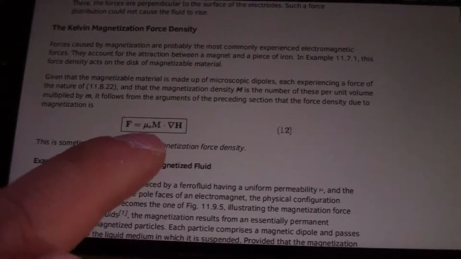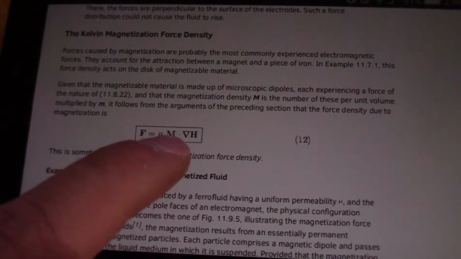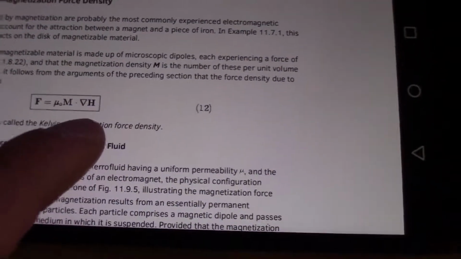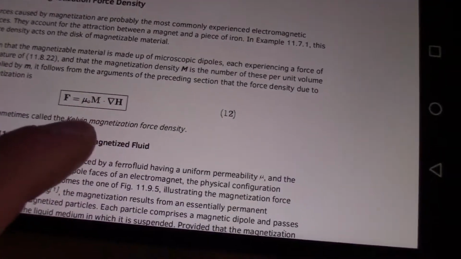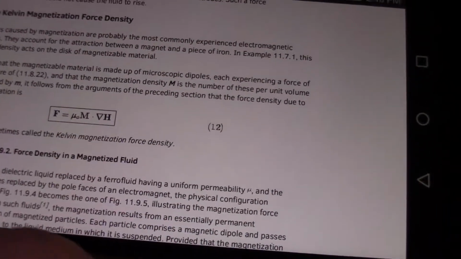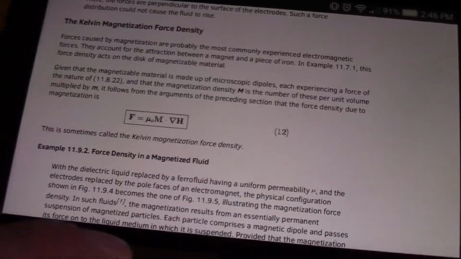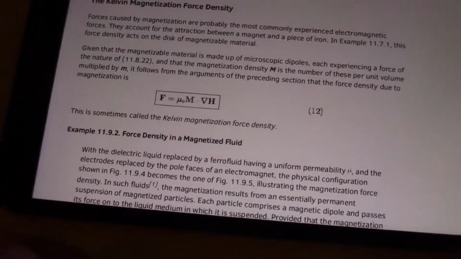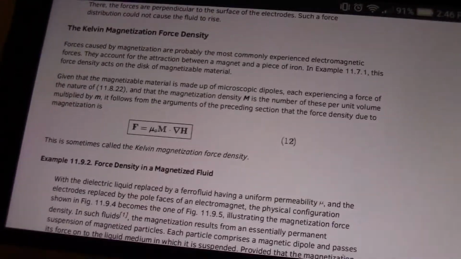He keeps the gradient on the H. At least that's as far as he describes the Kelvin force density. So apparently this is closer to the truth, taking basically the directional derivative of this product as a function of h.